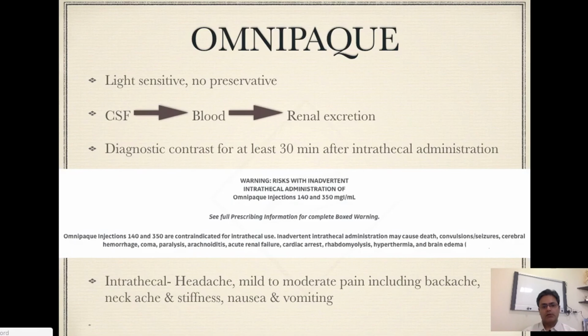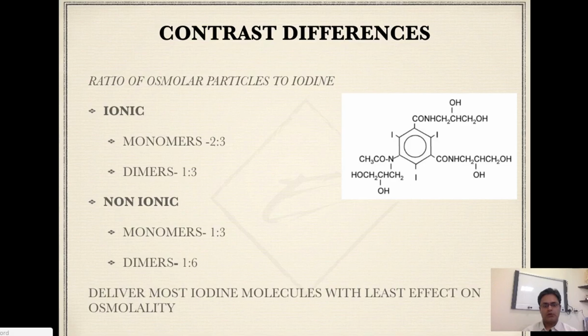So let's talk about ionic contrast agents. Ionic contrast agents would have two particles because they'll have cations and anions. And let's say there are monomers. Monomers means there is only one benzene ring. So an ionic monomer would have one benzene ring but two osmolar particles.